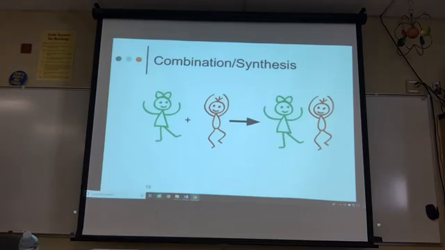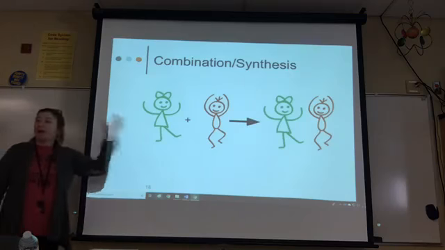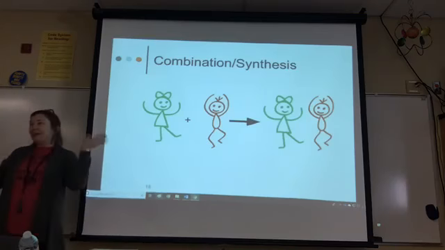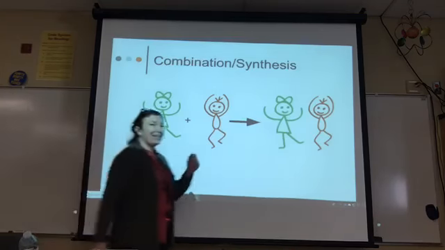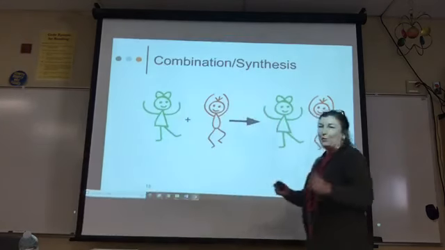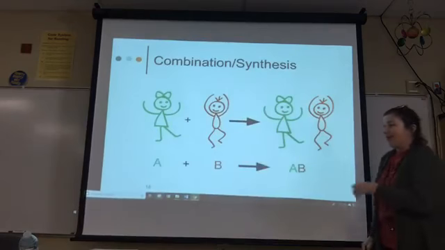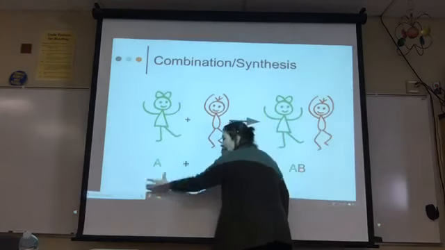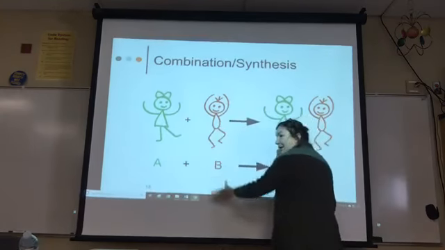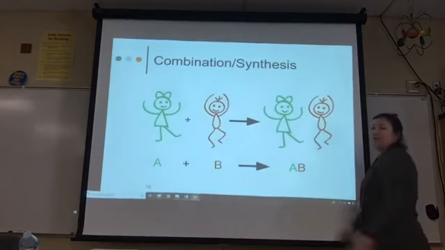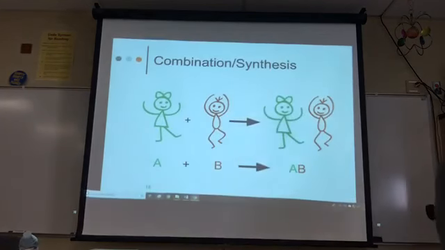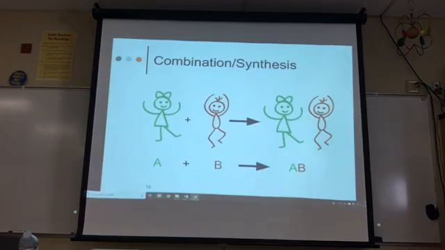So combination synthesis. This is what happens right before prom. You got a little girl dancing, the boy dancing. It's like, hey, we need a date to prom. You want to go to prom? Sure. Okay? So we have girl A, boy B. They come together. They are now a couple, AB.